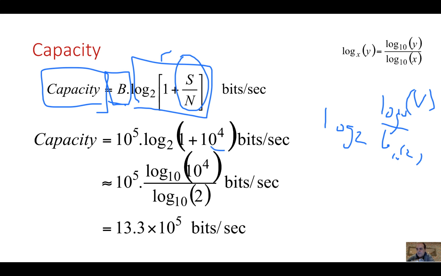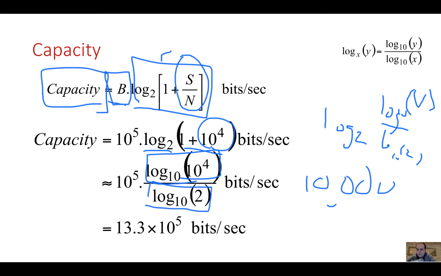So let's take an example of 10,000. With 10,000, we end up with 1 plus 10,000, and we take the log to the base 2 of that. So that becomes the log to the base 10 roughly of 10 to the power of 4, divided by the log to the base 10 of 2.